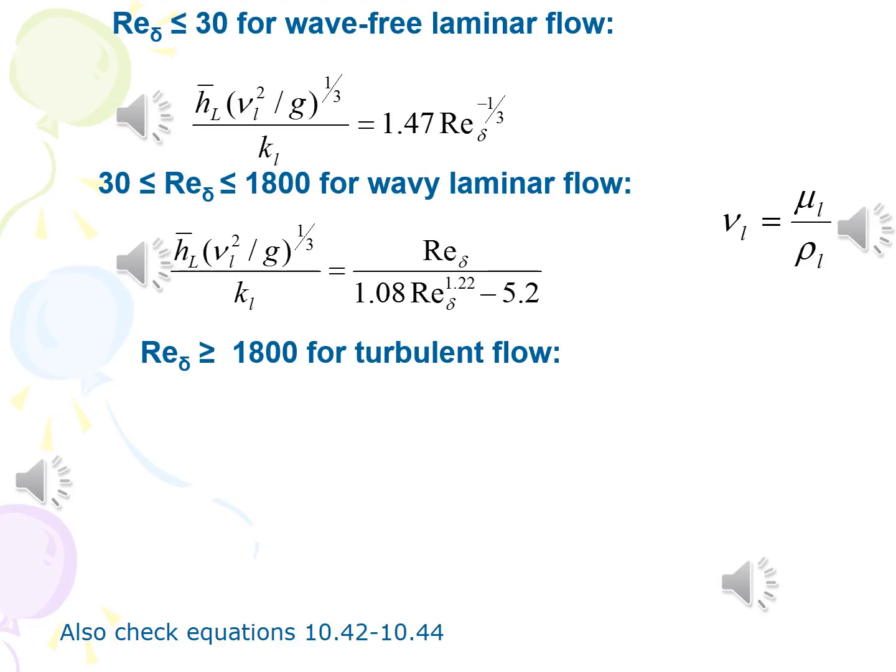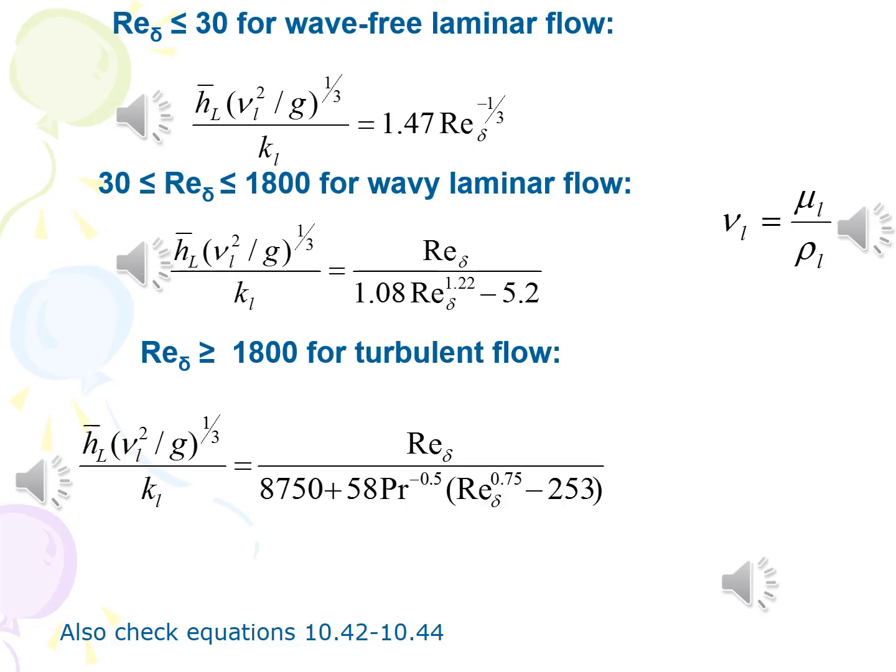Finally, for turbulent flow, the correlation is as follows. Note that h bar L and Reynolds number can be written in terms of m dot, using Newton's law of cooling and the definition of Reynolds number respectively. Hence you can potentially solve for m dot, which is the condensation rate.